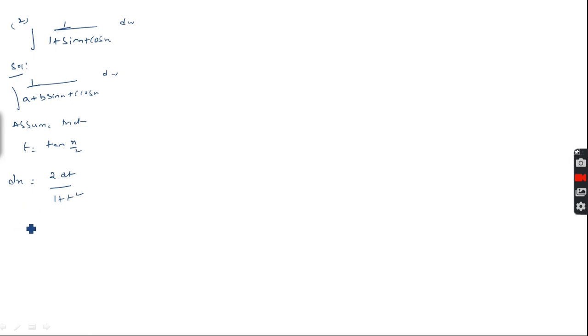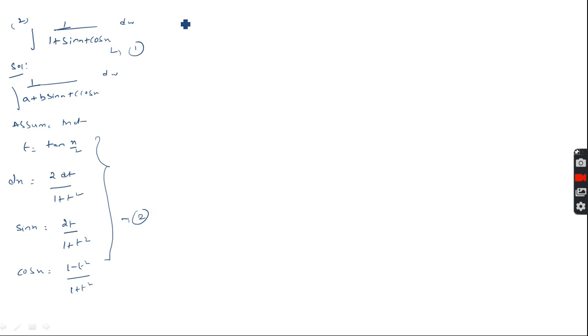And next, sin x can be written as 2t by 1 plus t square. Cos x can be written as 1 minus t square by 1 plus t square. So first the given question is taken as equation number 1 and these two are equation number 2.